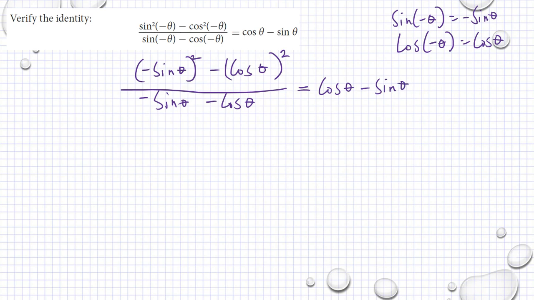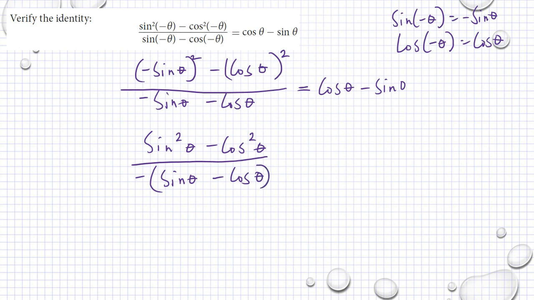And we know that this will become positive. Why am I using cosine now? We have sine squared theta minus cosine squared theta divided by, if we have negative there, sine theta minus cosine theta. But this one is a difference of two squares, so we have sine theta minus cosine theta times sine theta plus cosine theta.